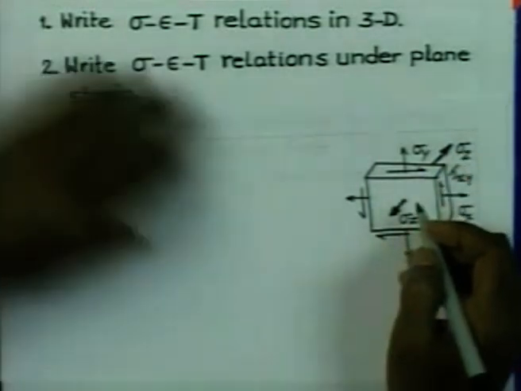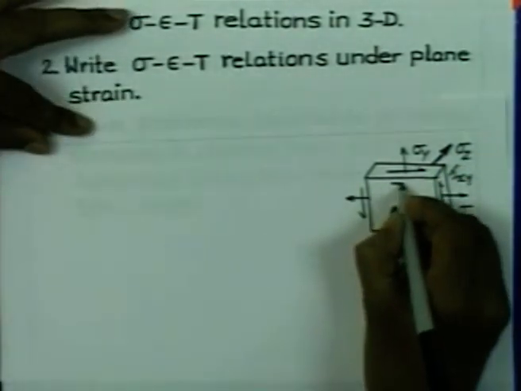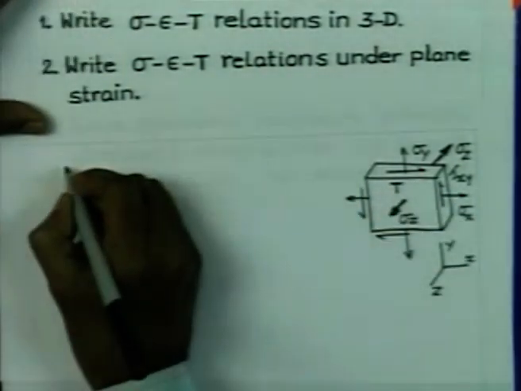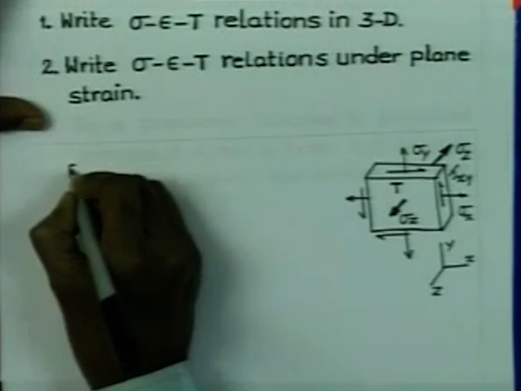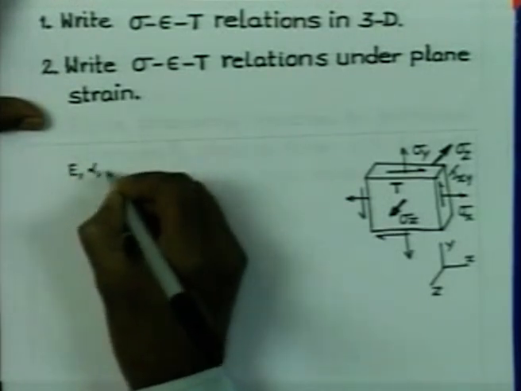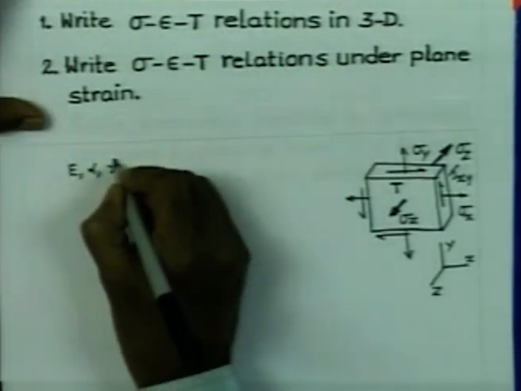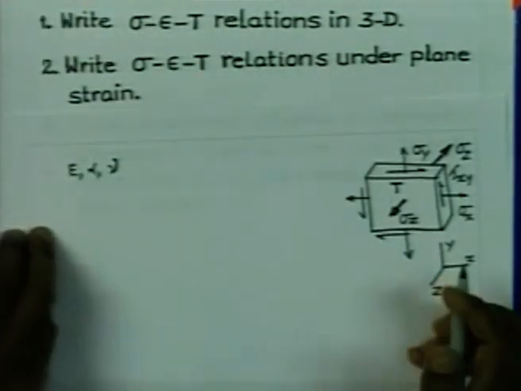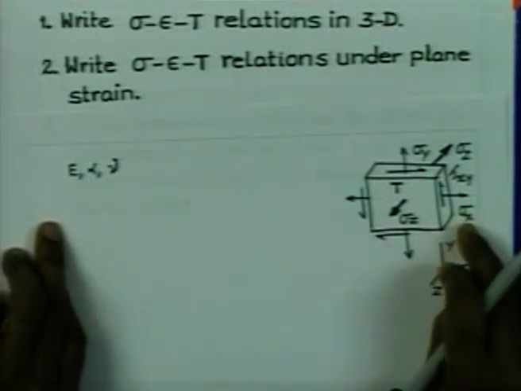On top of this, there is a temperature rise by T. With the material constants E, alpha, nu, you can find the strain in the x direction.